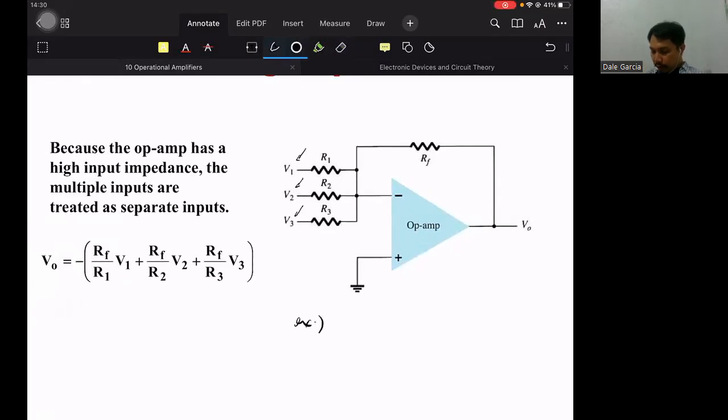For example, RF is equal to R1 equal to R2 equal to R3, and so on and so forth. Therefore, the output is just directly the sum of all inputs. Okay, the gain of each individual branch is one.